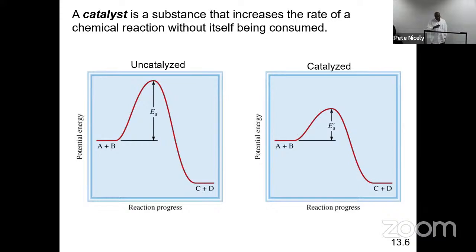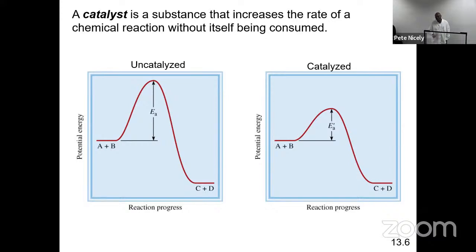That will take some time, maybe more than a day. If you were to add a piece of beef liver to it, that reaction will occur much faster. In fact, you're going to see oxygen gas leaving the solution very quickly. The reason is that beef liver contains an enzyme. And if you know anything about enzymes, they are also catalysts. They are biological catalysts.